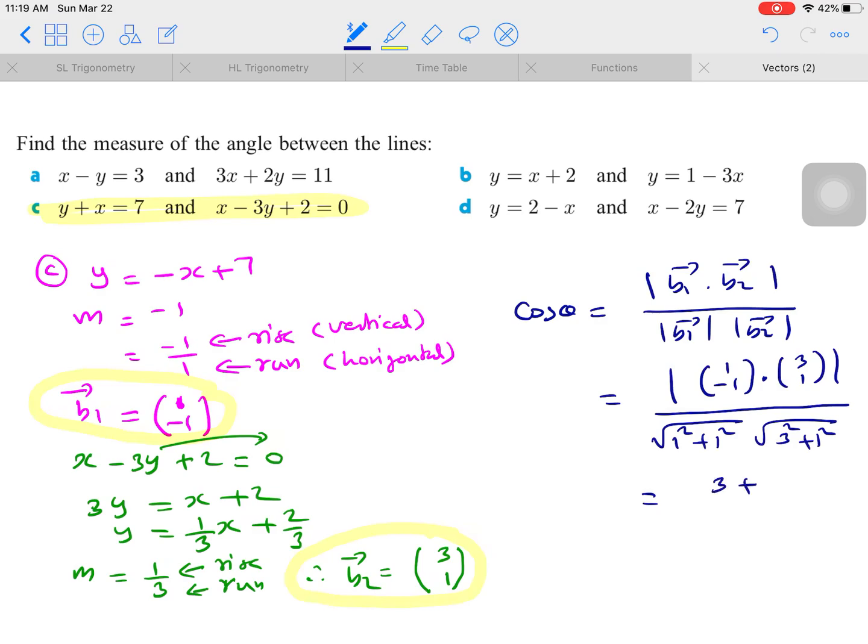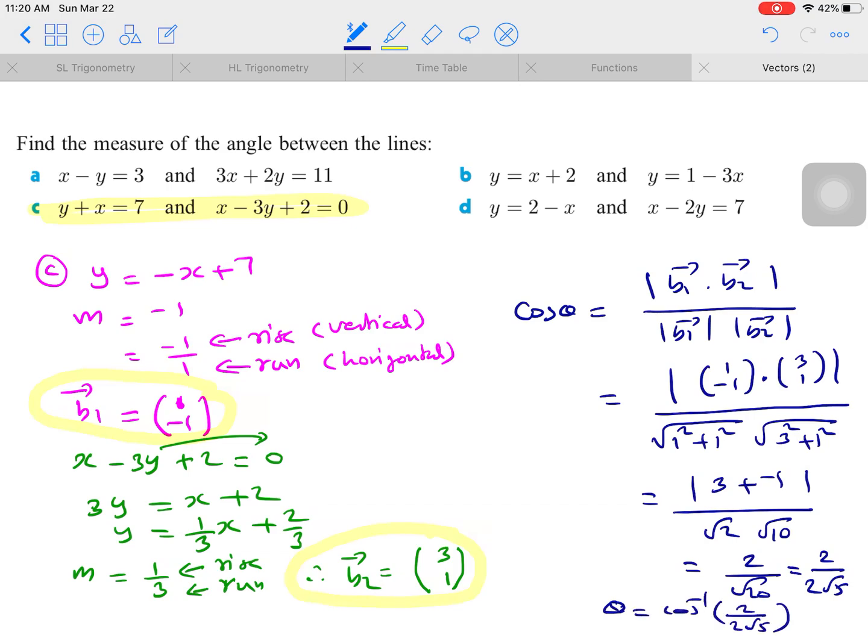So 1 into 3 is 3 plus 1 into minus 1 is minus 1, divided by root 2 into root 10. So I get 2 by root 20. You could leave it that way, or it simplifies as 2 by 2 root 5, because 20 is 4 times 5 and 4 becomes 2. So theta would be cos inverse of 2 by 2 root 5.